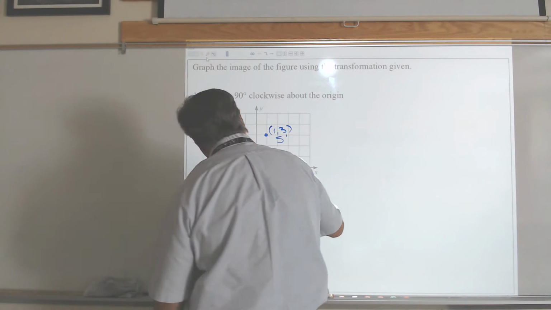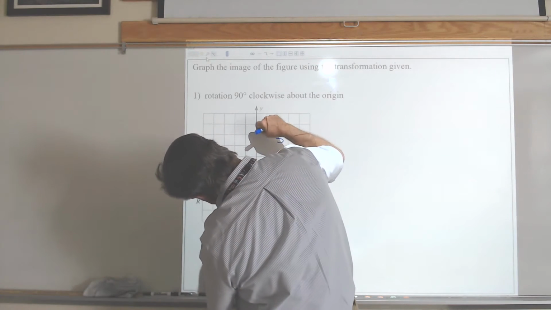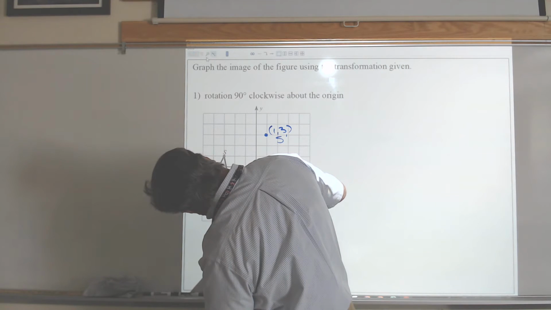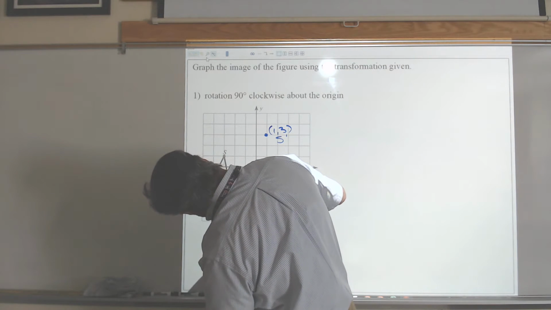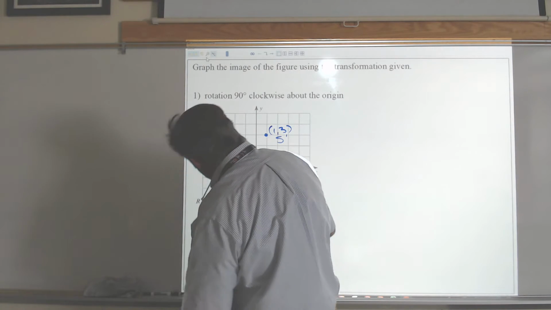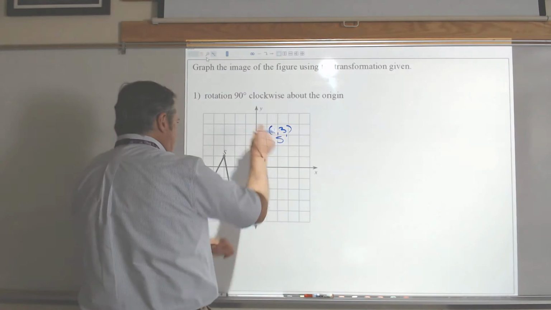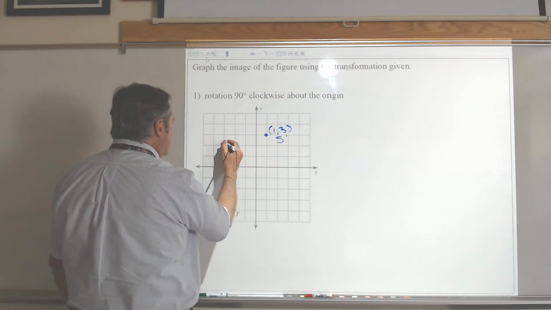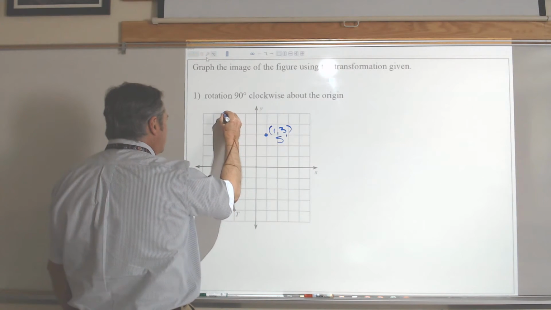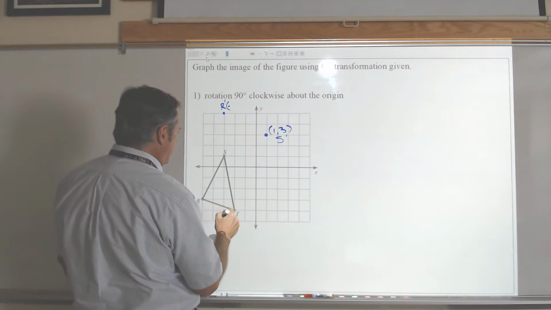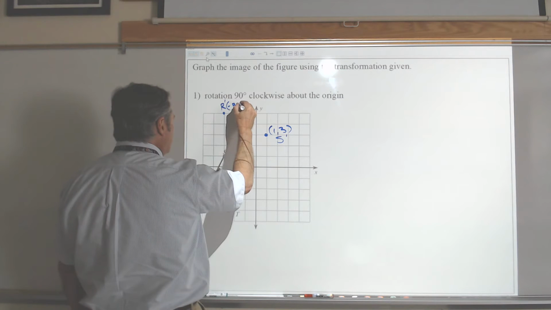Okay, so I've got to pretend now that I've turned the paper 90 degrees, and I see that R now is at negative 1, 2, 3, and then up 1, 2, 3, 4, 5. So negative 3, 5. I turn the paper back, 1, 2, 3, 1, 2, 3, 4, 5. All right, so there's R prime at negative 3, 5.